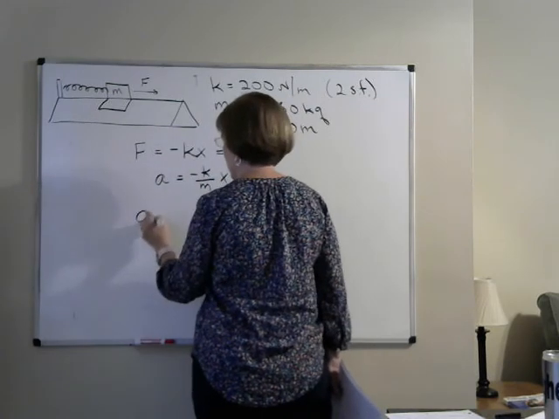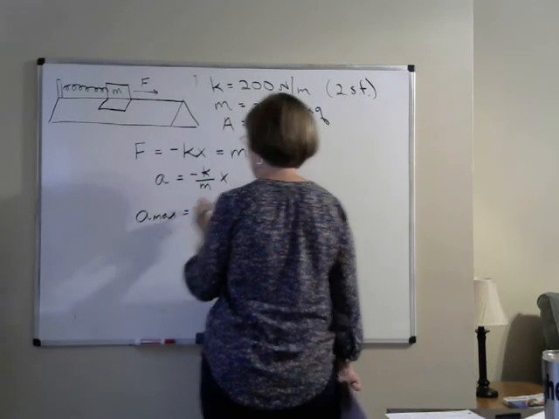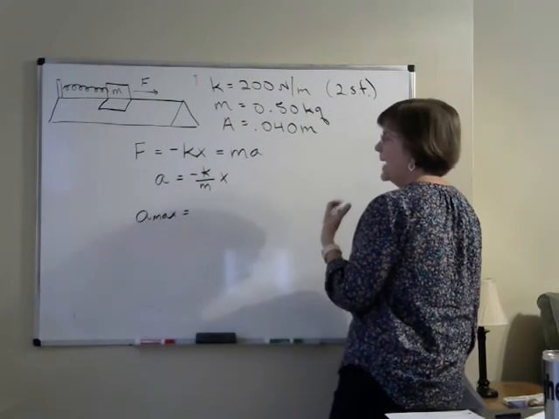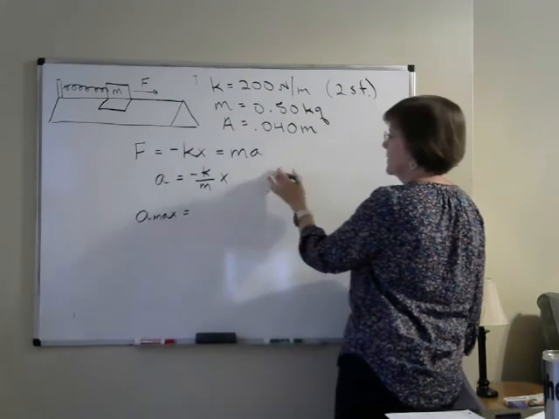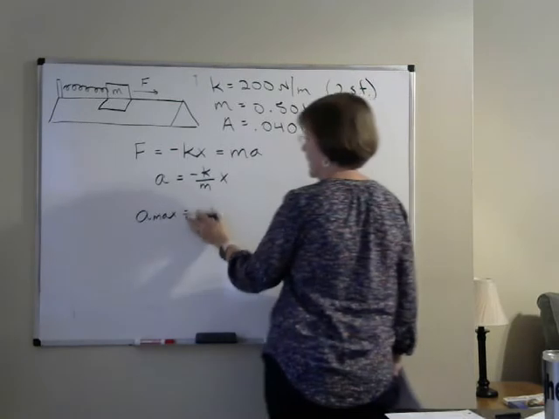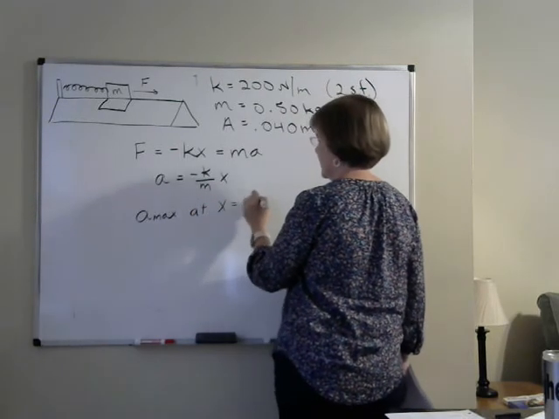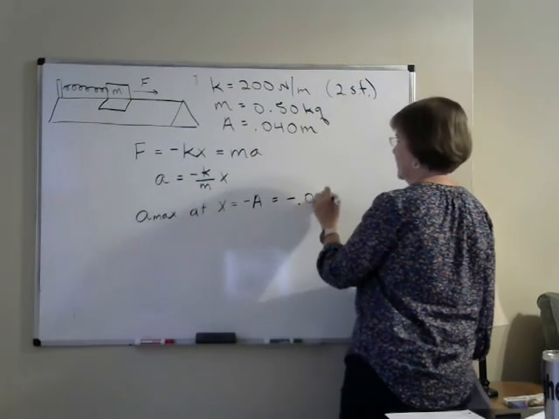So our maximum is going to happen... well, let's think about it. The maximum means this is positive, which means x is negative. So the maximum is going to be at x equals negative A, which in this case is negative 0.040 meters.